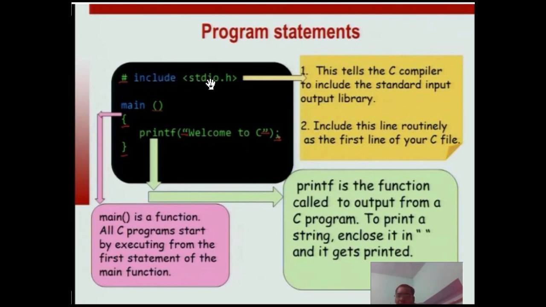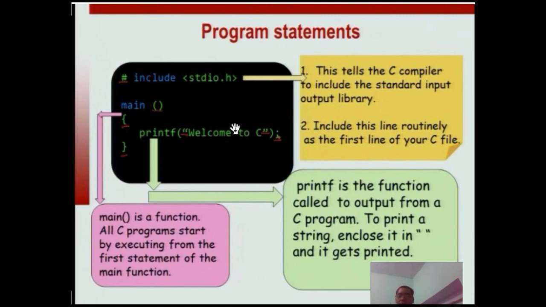This line is supposed to tell the compiler to please include the standard input output library. The standard input output library is what has the print routines which will print output messages on the terminal. So if you want any input output component in your program, then you should include stdio.h, that is the standard input output header file.